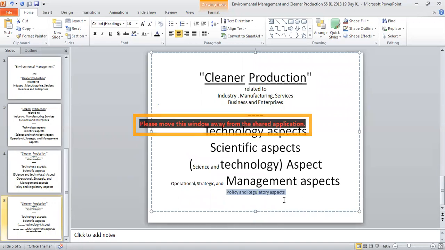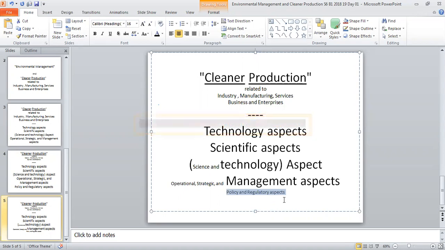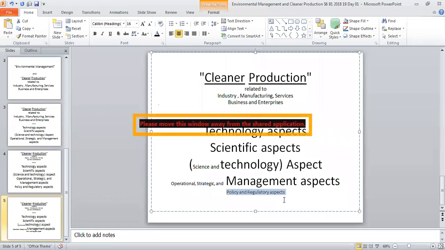We are breathing. We have to breathe good quality air, which is coming from this environment. We have to drink good quality water, which is coming from this environment.